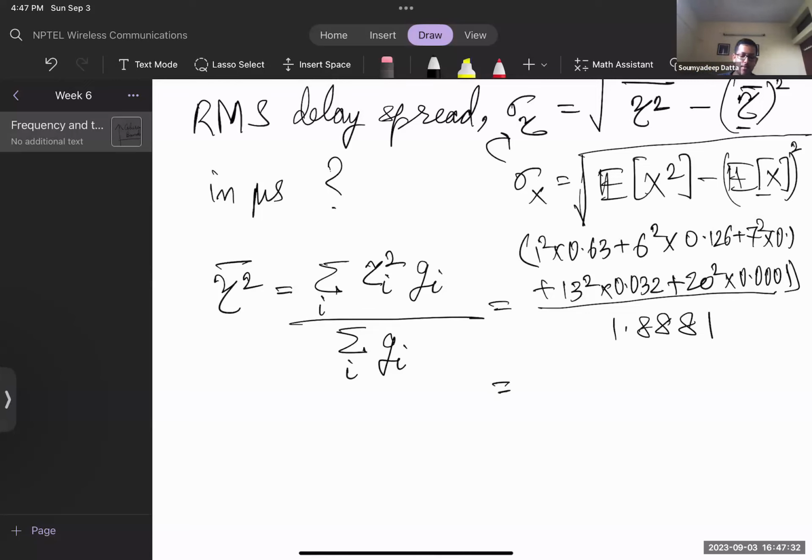This value comes out to be, let's calculate and see.